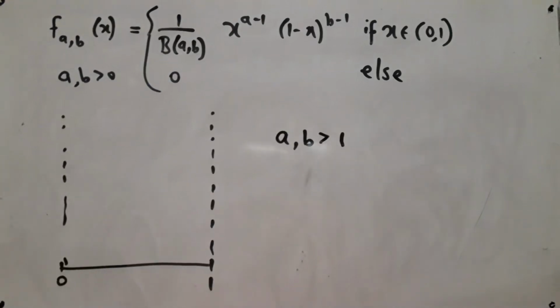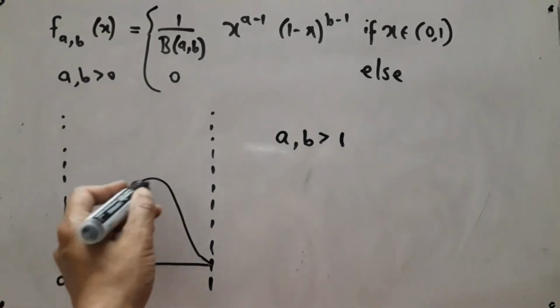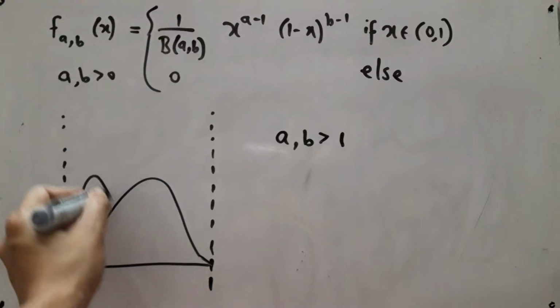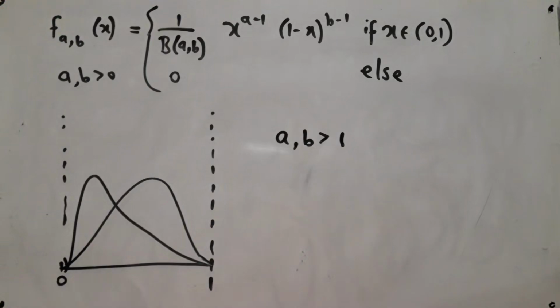If a and b are both strictly positive, in that case it looks something like this, because at 0 it is 0, at 1 it is 0, and whether it will bend like this or like this will depend on the values of a and b.